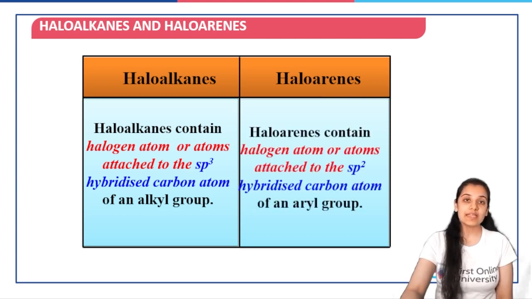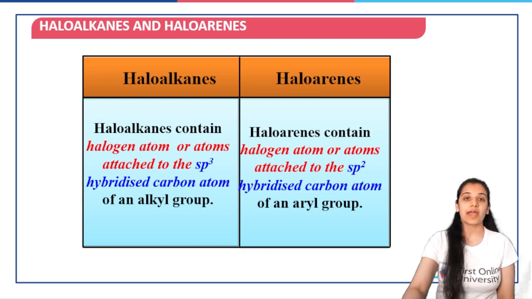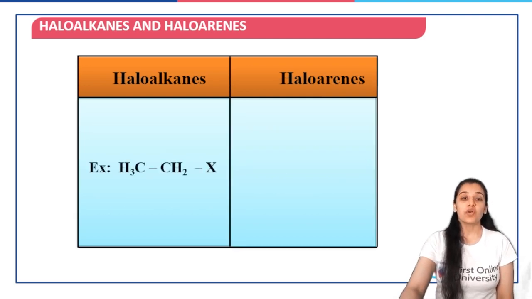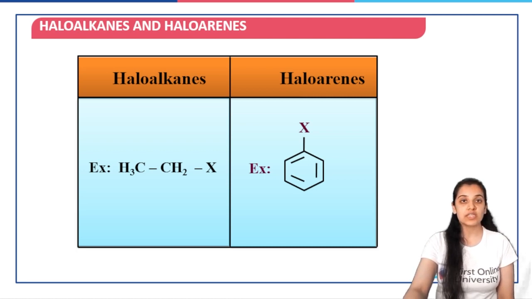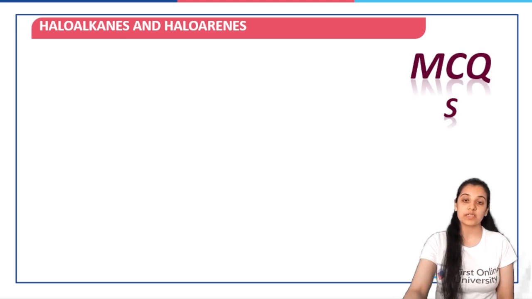Whereas in haloarenes, as in benzene, all the carbons are sp2 hybridized, and therefore haloarenes contain the halogen atom or atoms attached to the sp2 hybridized carbon atom of an aryl group. For example, CH3CH2X that I gave you is an example of a haloalkane, and when we have a halogen directly attached to the benzene ring, it's an example of a haloarene.